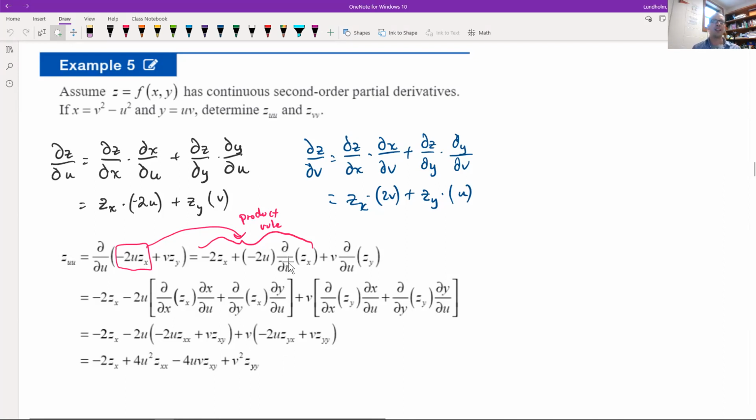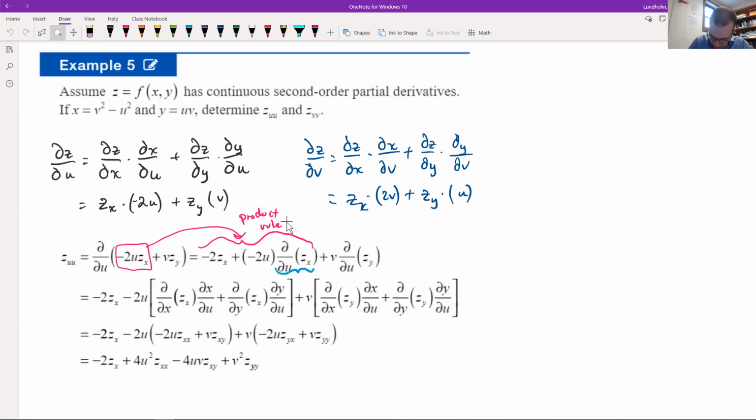But as part of this product rule, we need to take the partial derivative with respect to u of this z sub x, which itself is a function of u and v. And so there's a chain rule that goes along with that. And this is the chain rule that you see.